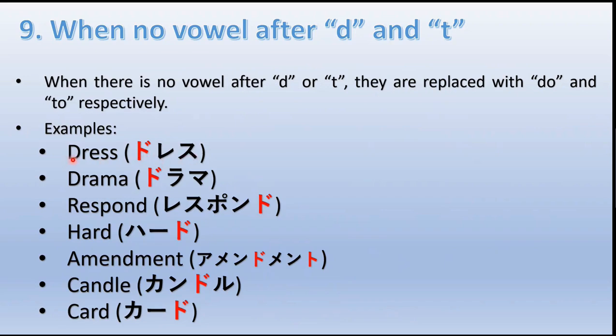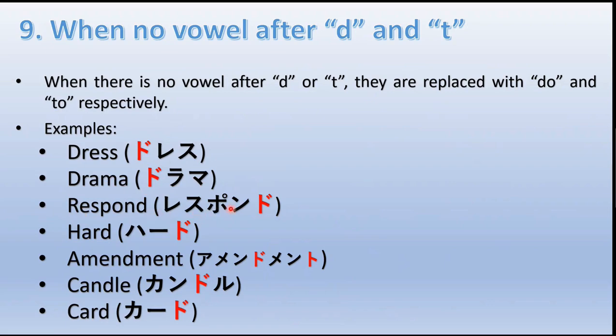See, the D is not followed by a vowel sound. There are two consonants D and R. So in place of D, it will be do. So dress will become doresu, and it will be pronounced as doresu. Drama becomes dorama.